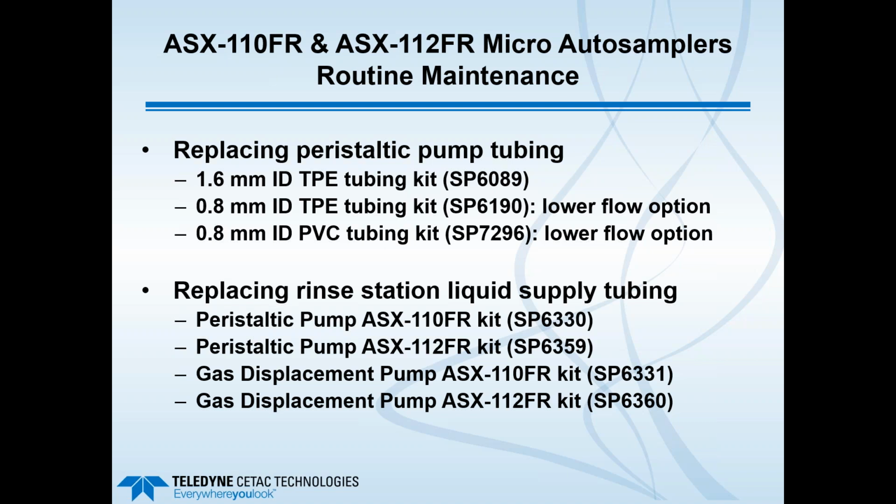Or if you needed to replace the actual rinse station liquid supply tubing for either the peristaltic pump or the gas displacement pump, there are also kits available for that. This is one thing in case there could be a contamination issue and you needed to, say, wash out your reservoir bottles. You may also need to wash out and or replace the supply tubing to the rinse station.